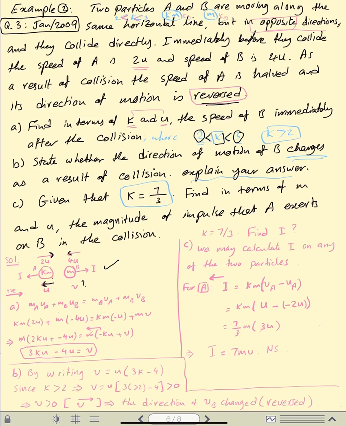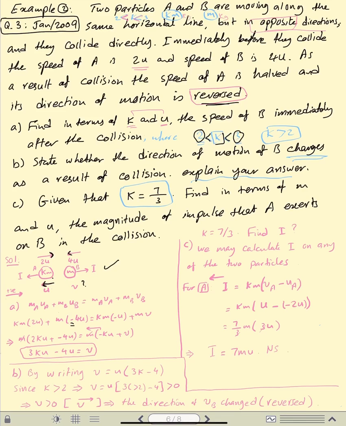After we calculate, we'll know, by writing the principle of conservation of momentum. MA UA plus MB UB is equal to MA VA plus MB VB. By replacing the quantities given, Km times 2U plus M times negative 4U. Be careful, pay attention to the signs.